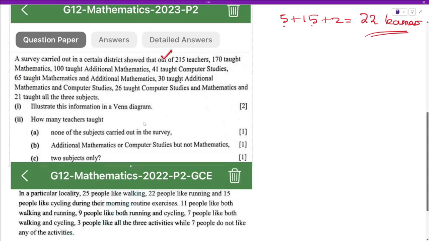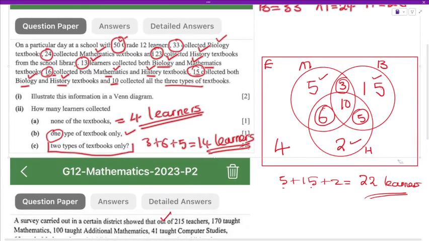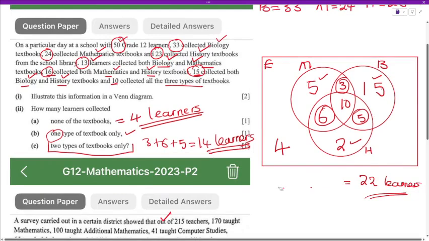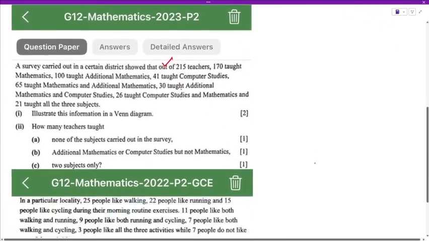Let me just clear. Oops, let me make these guys permanent. Let me just create some space. So let me do this. Okay, we can then scroll down like so.